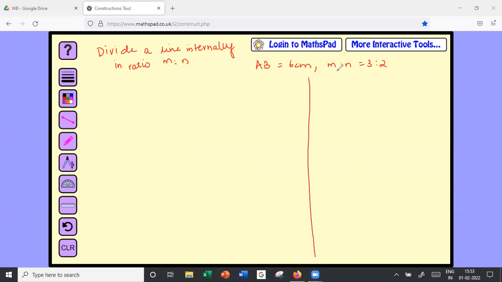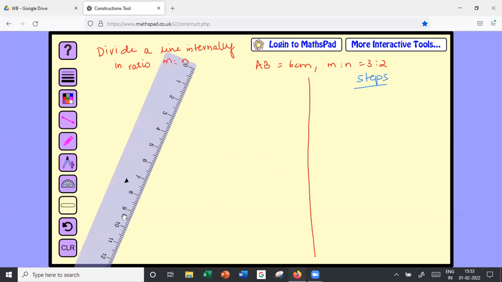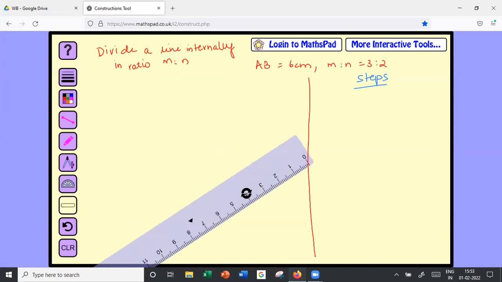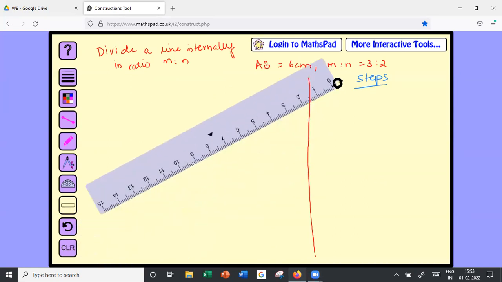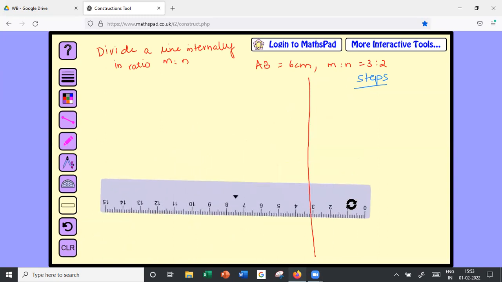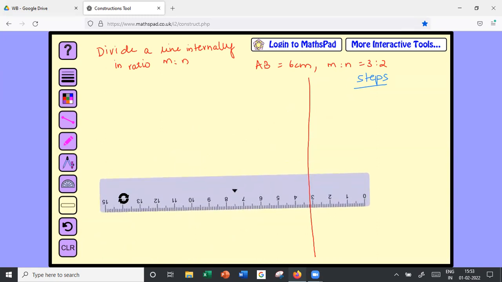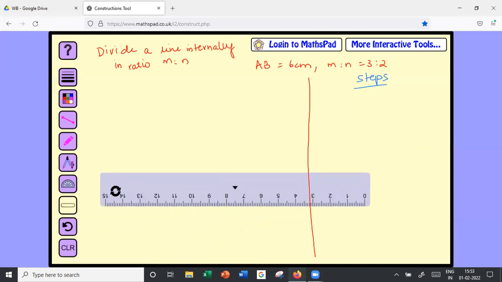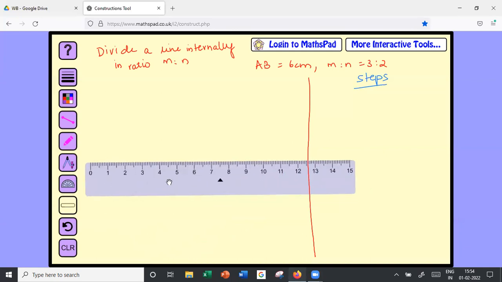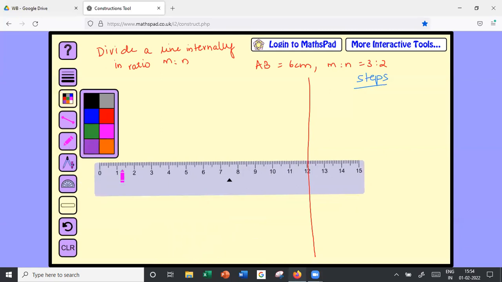So leave space. First draw the line AB, 6 centimeters, and then you can draw BAX at the bottom.